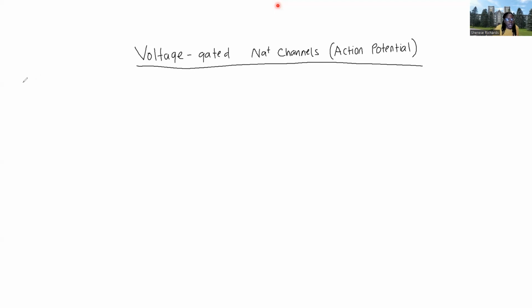One is that these channels are voltage sensitive. In other words, they're going to open at negative 55 millivolts, and then they're going to subsequently close when we get to positive 30 millivolts.